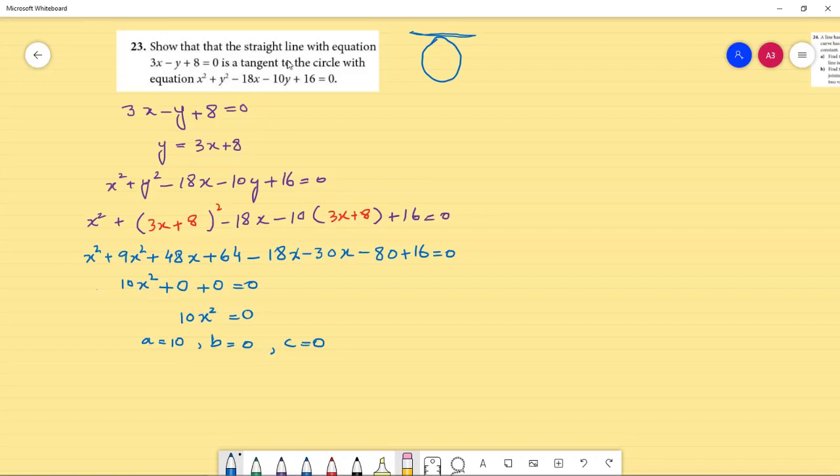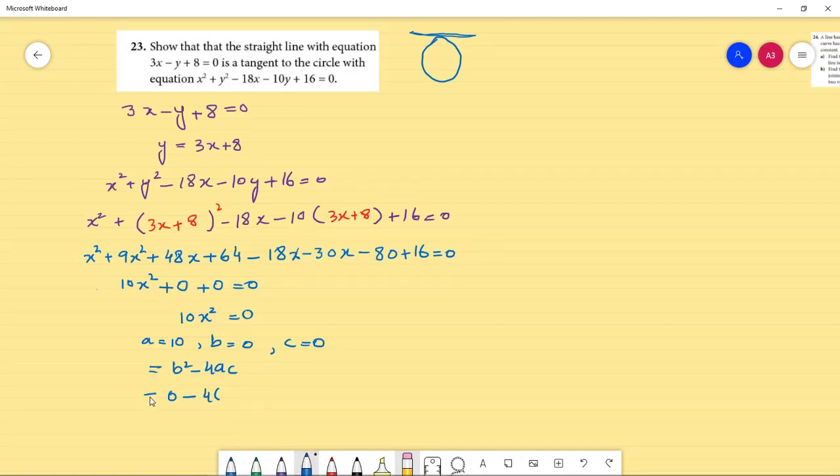He said show that the line is tangent to the circle. We don't have to find the coordinates of the point, we just have to show that. So b square minus 4ac is equal to 0. b is 0, and minus 4a we do not treat as an equation, we just treat it as an expression, b square minus 4ac.